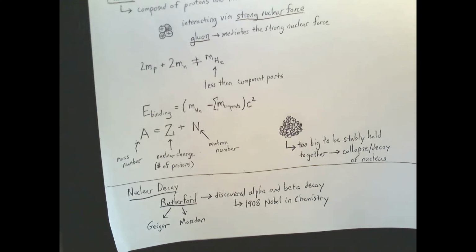So let's talk about alpha decay, which I've mentioned here. Alpha decay is essentially when a nucleus gets so big and unwieldy that it starts clustering apart.